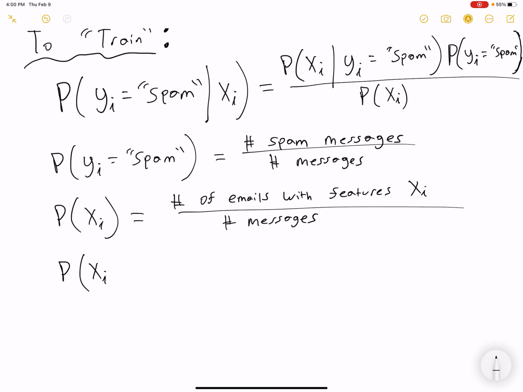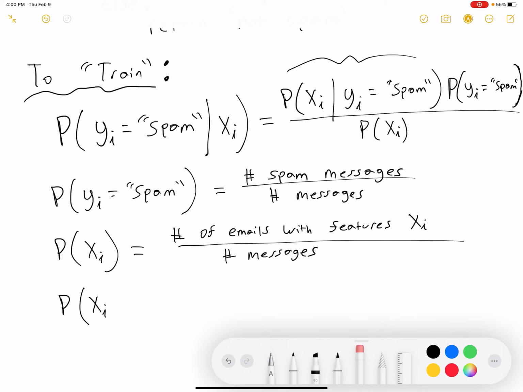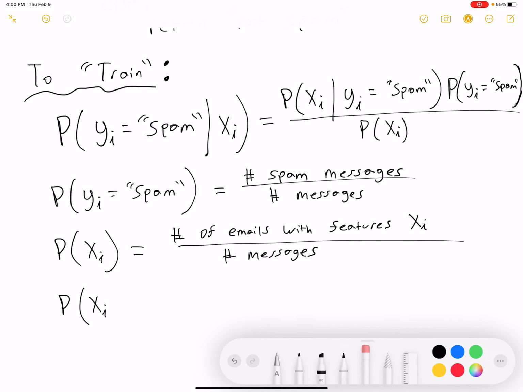So the probability, this last term up here, let me just erase that for when I export these notes.